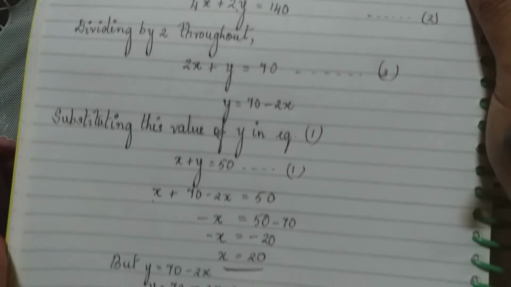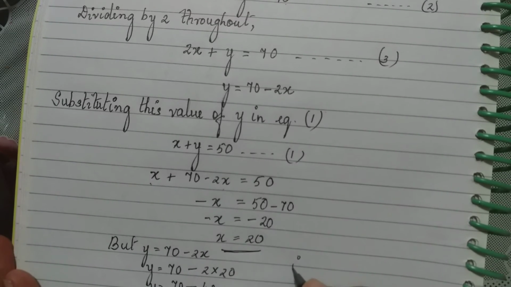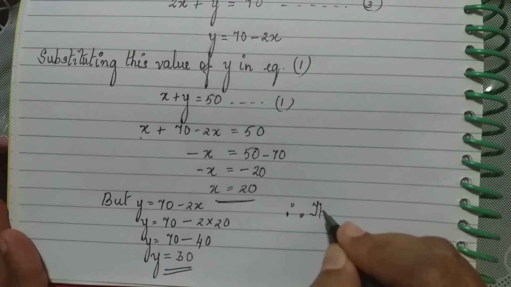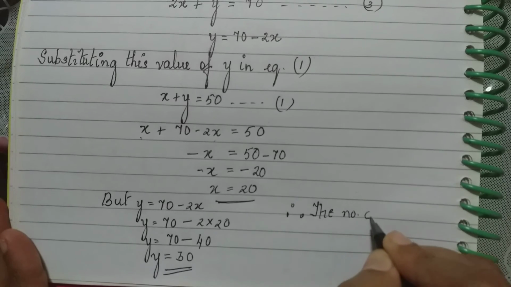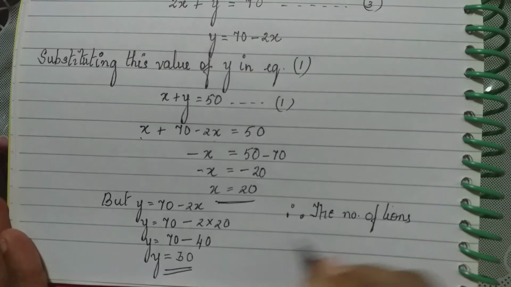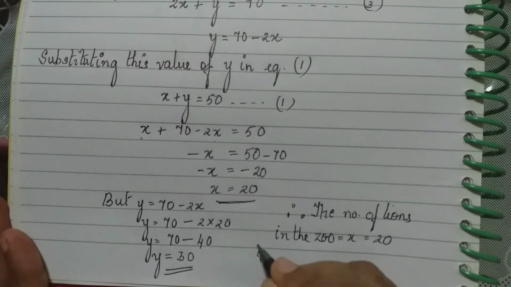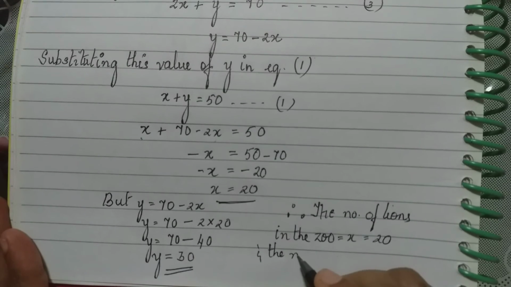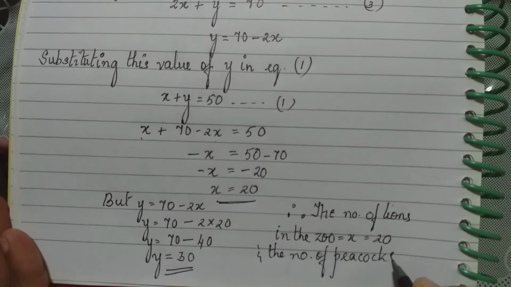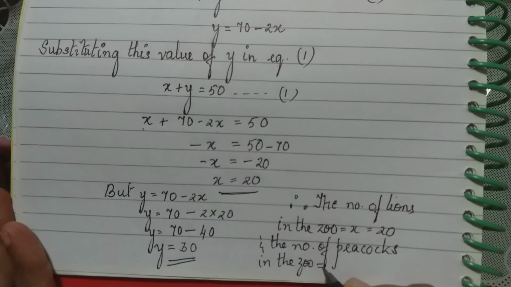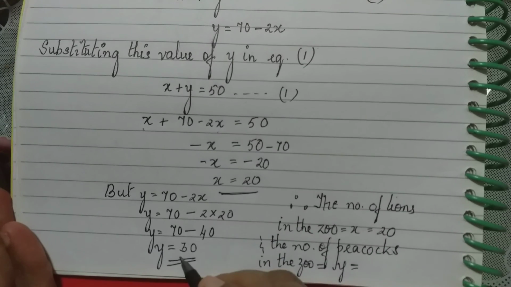Therefore, we will write now, therefore, the number of lions in the zoo is equal to X equal to 20, and the number of peacocks in the zoo is equal to Y is equal to 30.